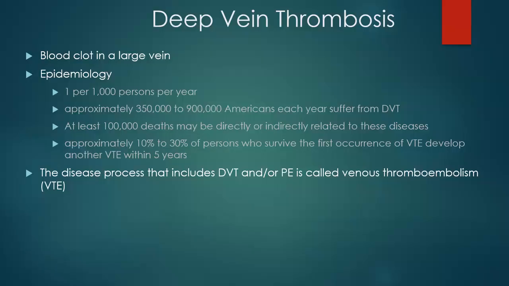At least 100,000 deaths may be directly or indirectly related to these diseases. I also want to throw in there that about 10 to 30% of people who survive the first occurrence of VTEs develop another VTE within 5 years.